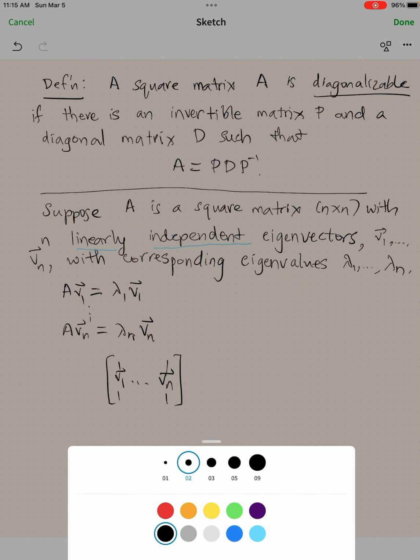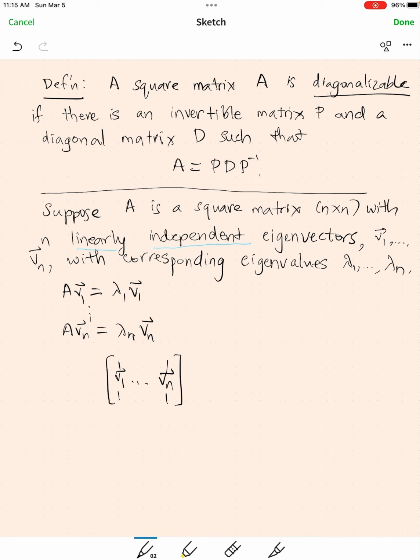Okay. Now let's say that I do A times this. A is an n by n matrix. This matrix is an n by n matrix. Let's not give this matrix a name yet.